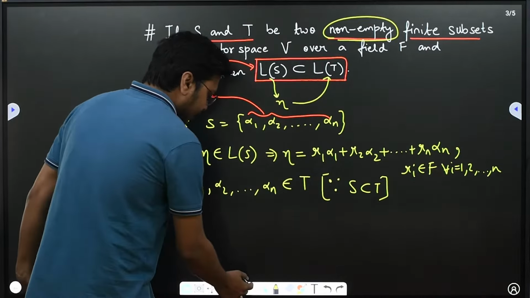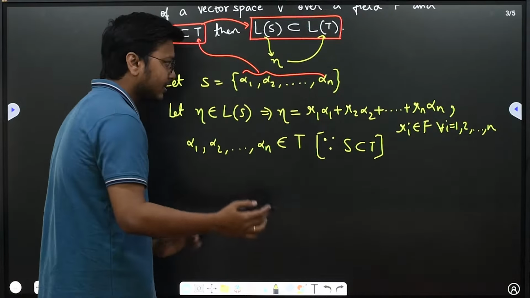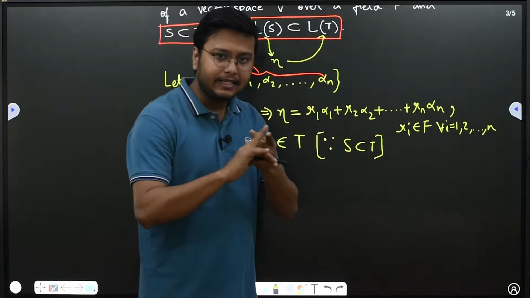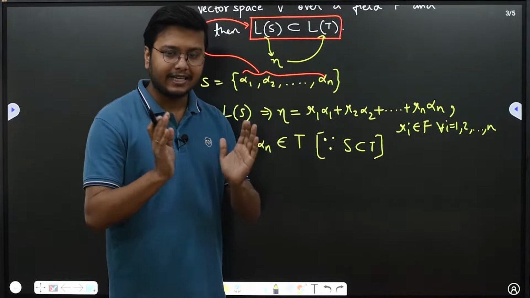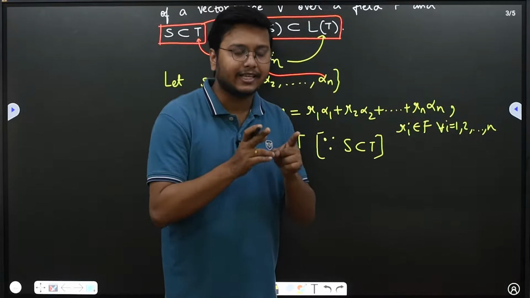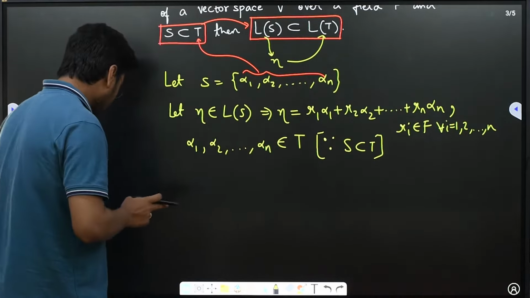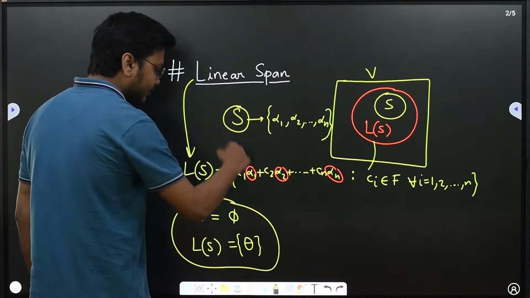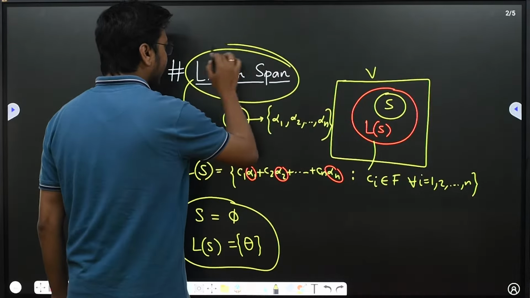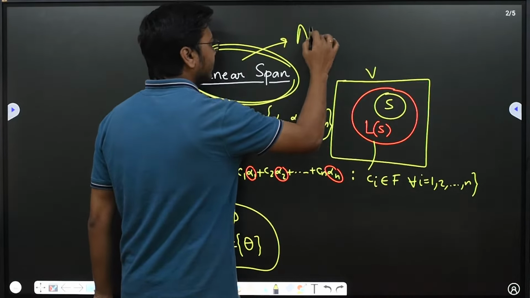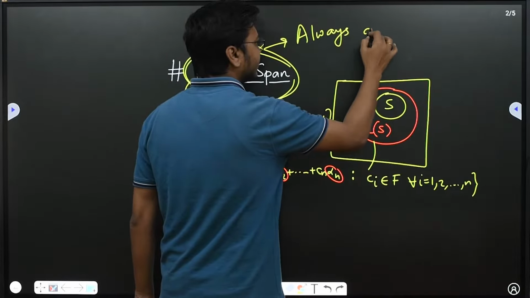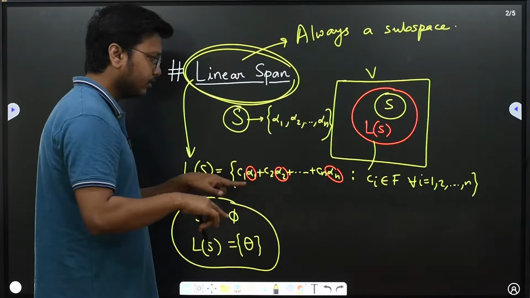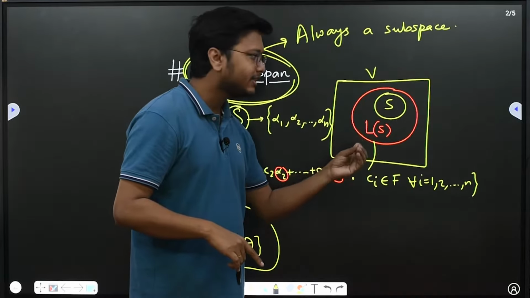Now, as we know, we have done this in the previous lecture, that the linear combination of elements of any set forms a subspace, and we have proved that in our previous lecture. So I can come back and say, when I was defining linear span, that the linear span of any set is always a subspace, and it is basically the smallest subspace which contains the S set.